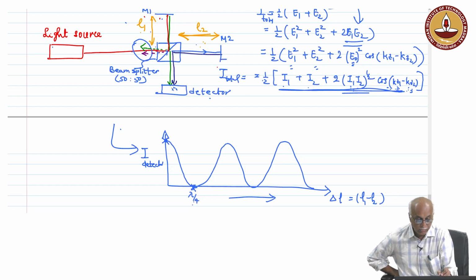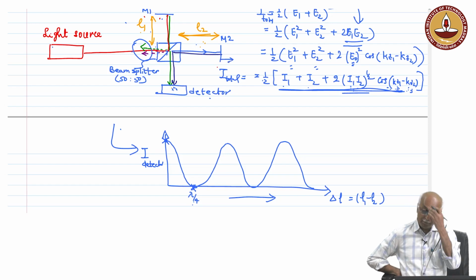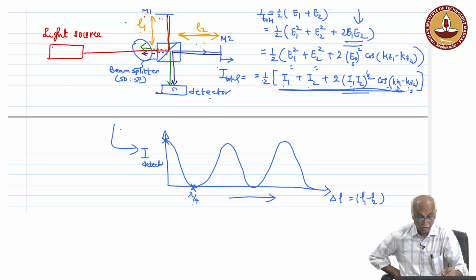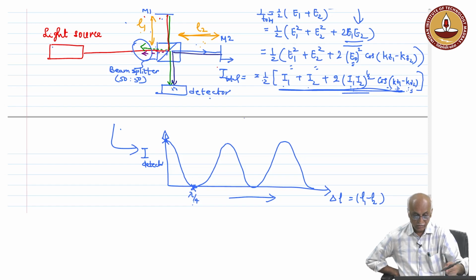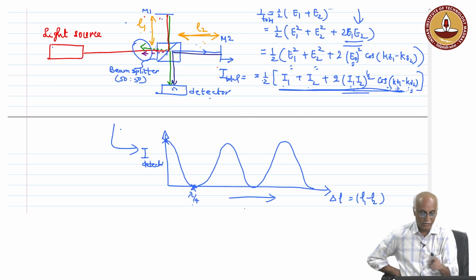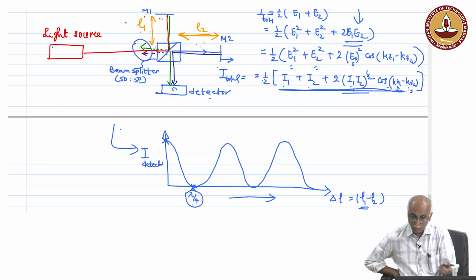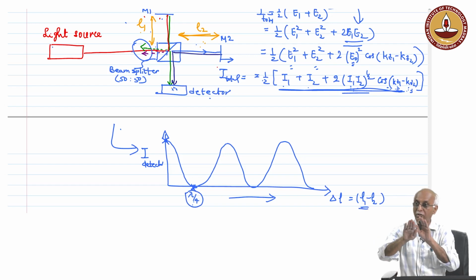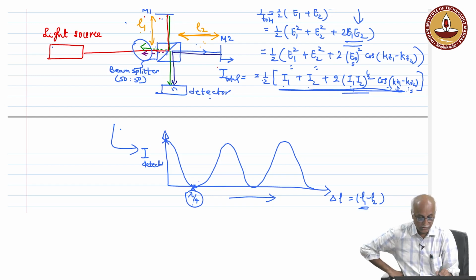That means this mirror, let's say, has moved by lambda by 4. So the path difference in total becomes 2 times L1 minus L2, isn't it? Light will travel 2 times. So lambda by 4 for L1 minus L2 will result in lambda by 2 phase difference, which gives 0 intensity over here.